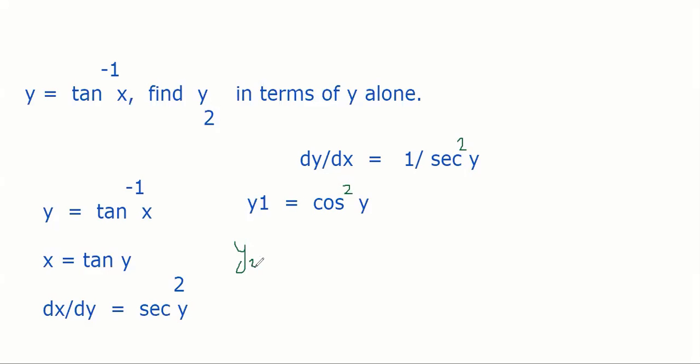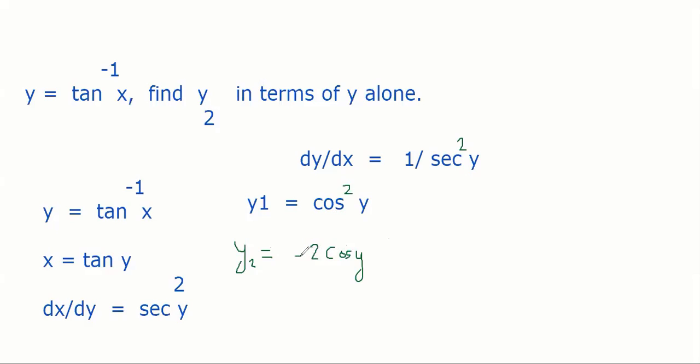Now we know y1 is cos square y. y2 will be the derivative of a function of a function, cos square y. The derivative of x square is 2x, so 2 cos y comes first, into the derivative of cos y, which is minus sin y.